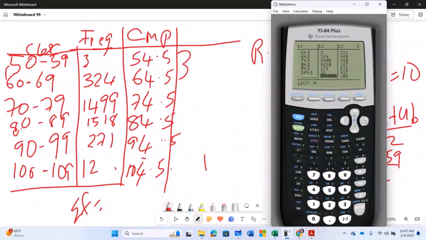So I've typed in all the class midpoints in L1, and I typed in the frequencies in L2.